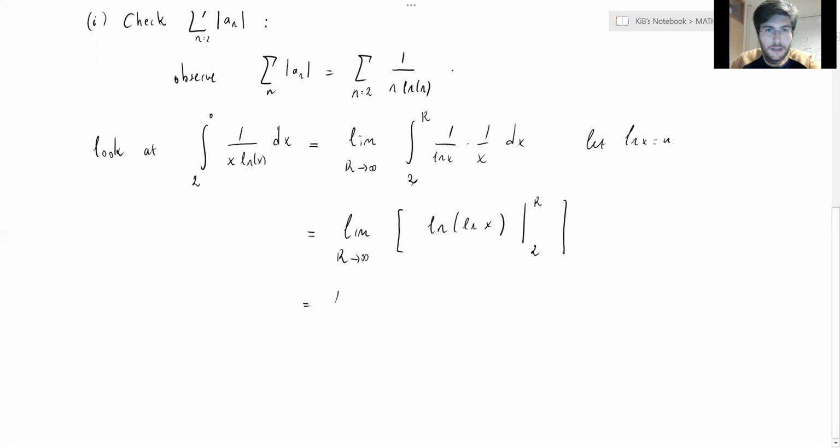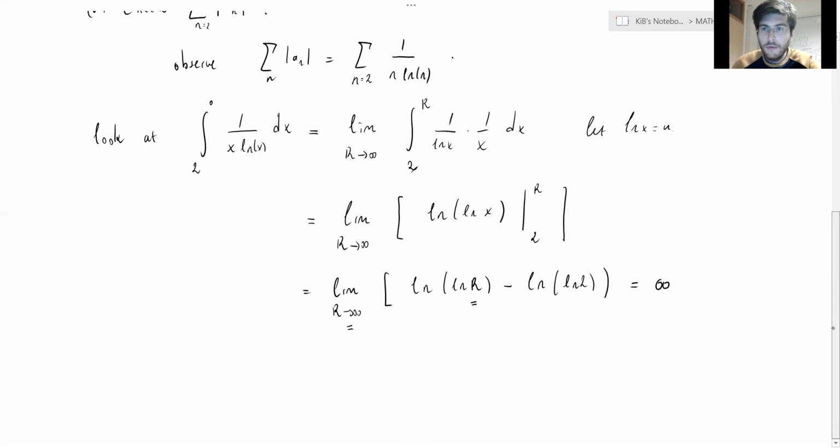And what does it tell us? If you compute the limit as r approaches infinity, let's compute the term inside. This is ln ln r minus ln ln 2. Now ln ln 2 is just a finite number, but we have ln ln r here, and as r gets larger and larger in the positive direction, this is just infinity. So what does it tell us?